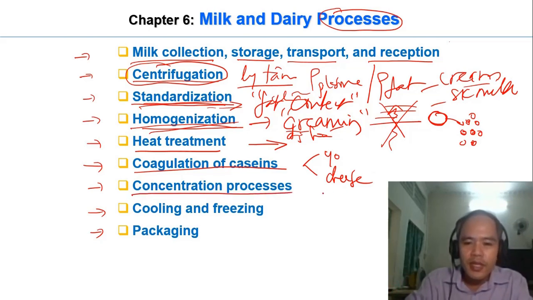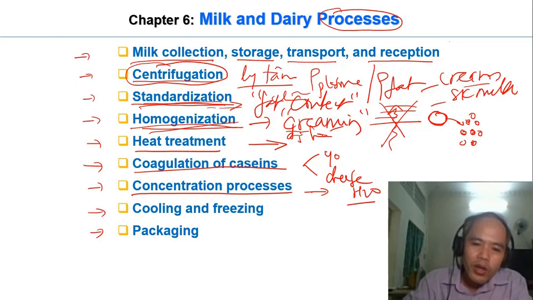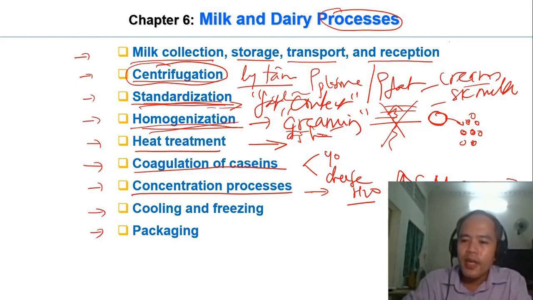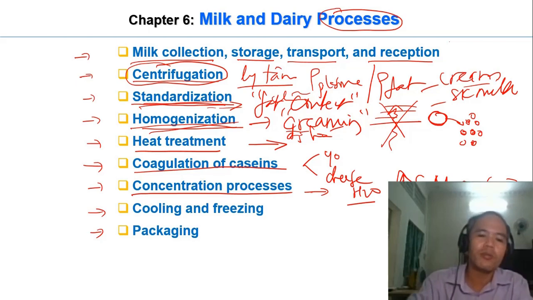Concentration processes are the processes that we apply to remove part of the water. When we remove part of the water, it means we increase the solid content of the product, which means we reduce the water activity, then we extend the shelf life, we reduce the volume and mass, which reduces the transport and storage costs as well.